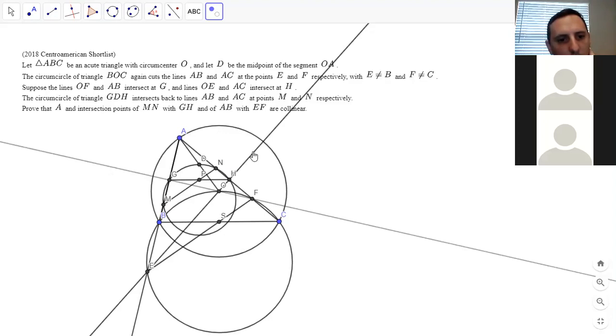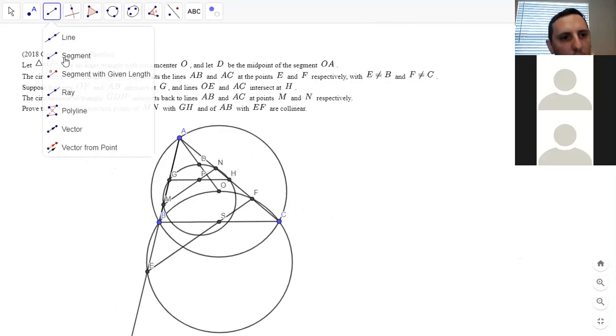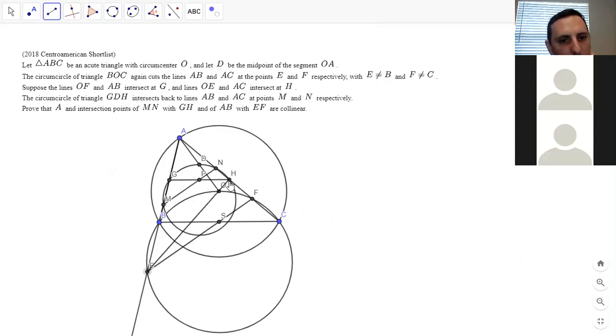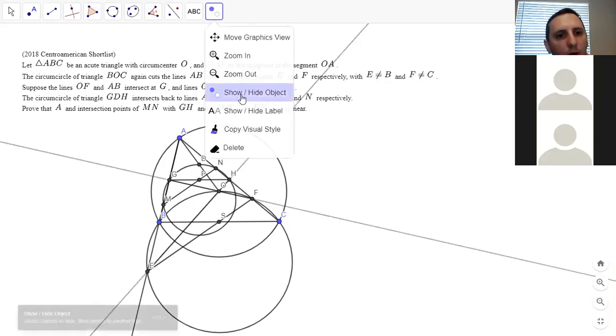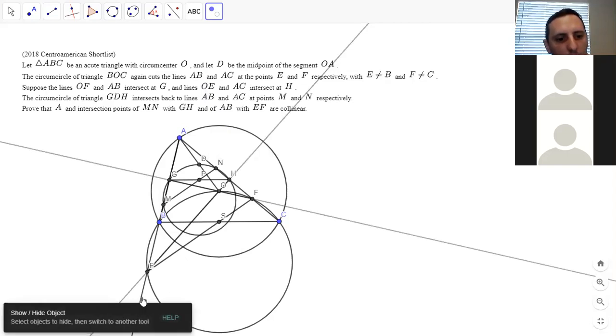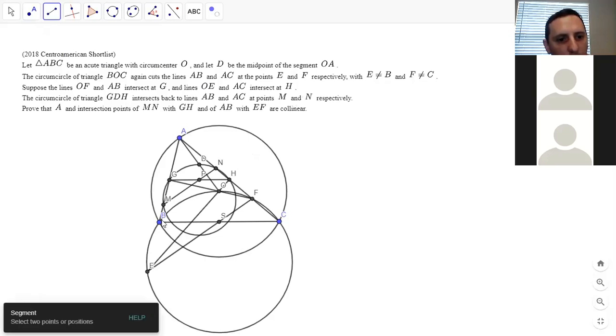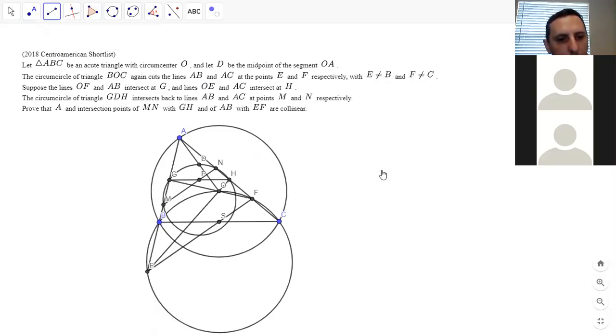So G and H are midpoints. Intersect OF with AB. So it is just a homothety.